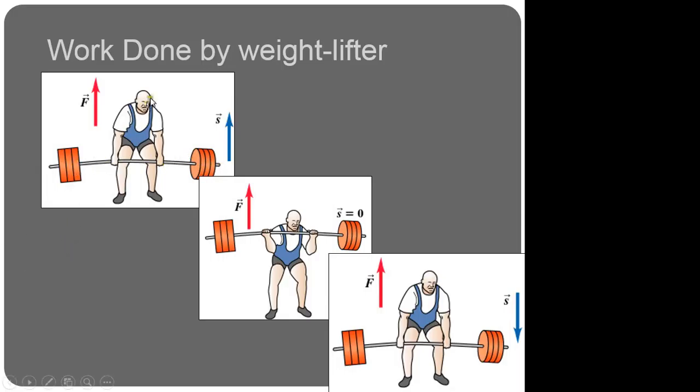So the work done by the weightlifter on the object is positive. In this case, when he holds it there, the displacement of the weight is 0. Is that work done by the weightlifter? No.